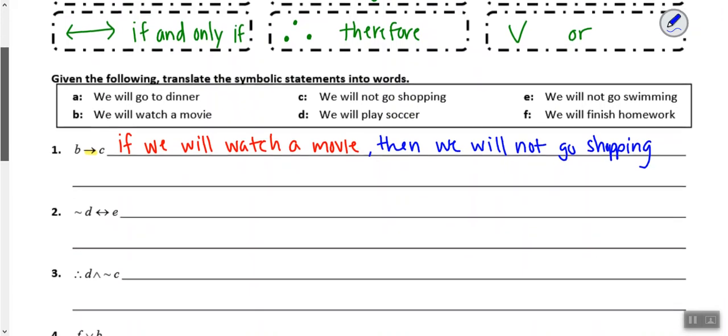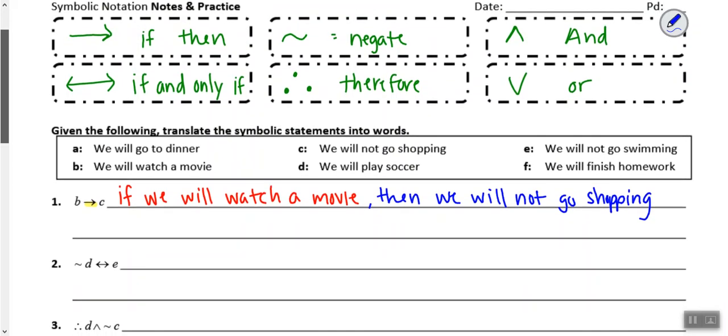So let's look at number 2. I'll keep the symbols there so we can see it. We have a squiggly line with D. D says we will play soccer, but remember the squiggly line means we have to negate it. So we're going to say we will not play soccer.